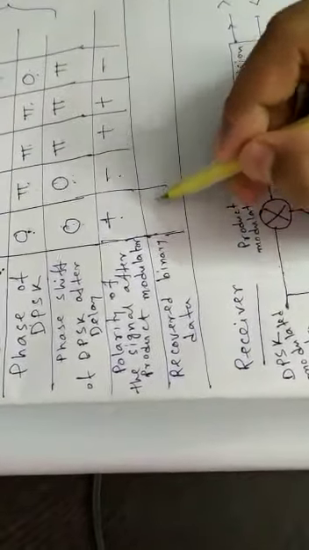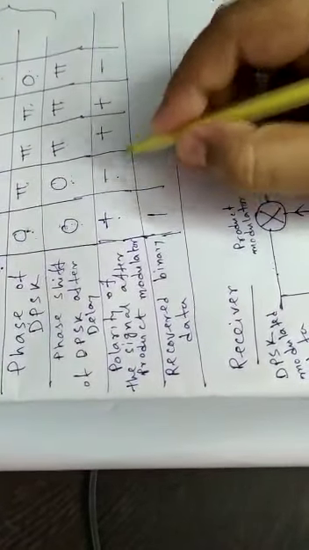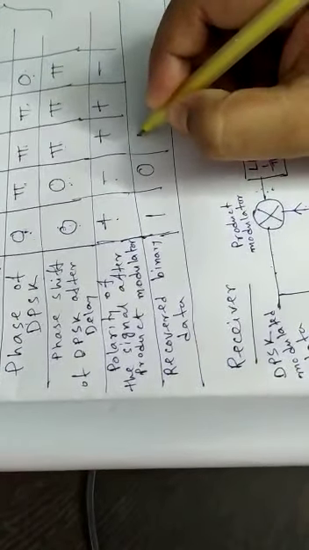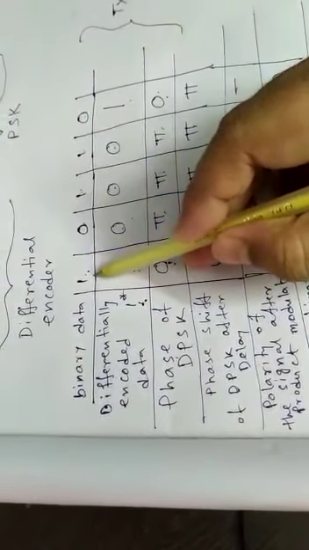If it is positive, it will decide that the recovered signal is 1. If it is negative, it will decide the received signal is 0. Again it is positive, that means 1. Positive, that means 1. Negative, that means 0. So the recovered signal is 10110, which is similar to the binary message signal, which is 10110.